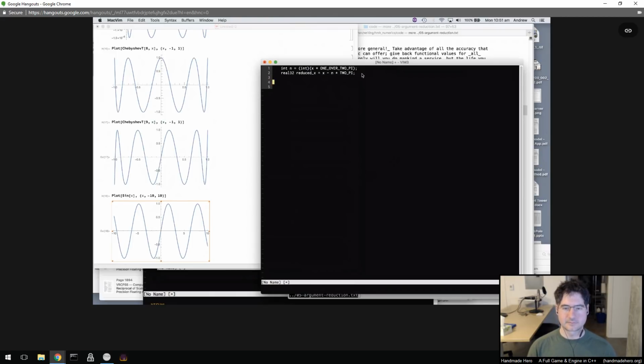What happens is that you've got two mantissas that are almost equal, and when you subtract them, what you end up with is not many good bits. The way around it, to get a higher precision number, is we can actually split 2 pi up.